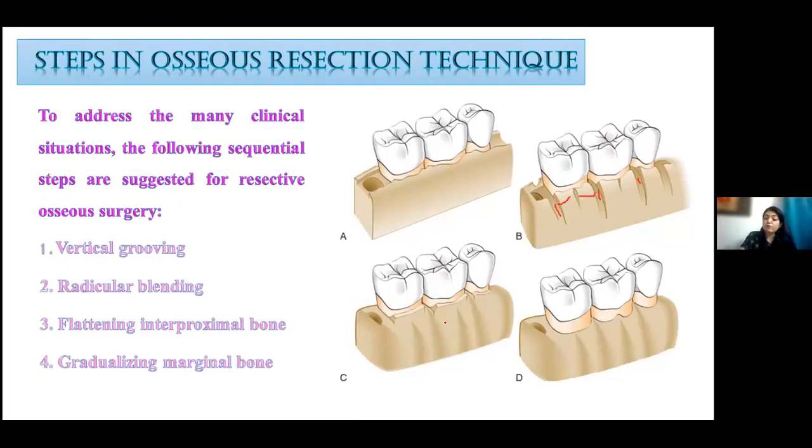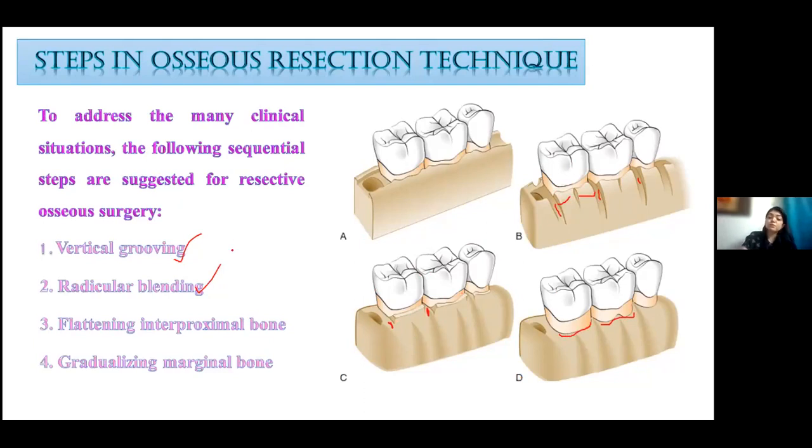After that, you flatten the interproximal bone. Then you gradualize the marginal bone. So in the first two steps, vertical grooving and radicular blending, you are not touching the tooth supporting bone. The interproximal bone and the marginal bone come in the next two parts.